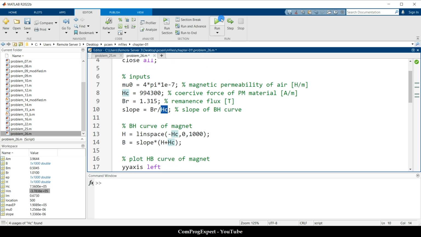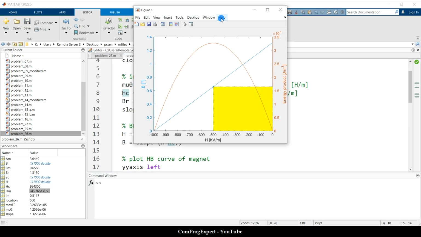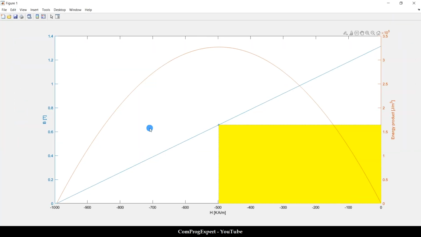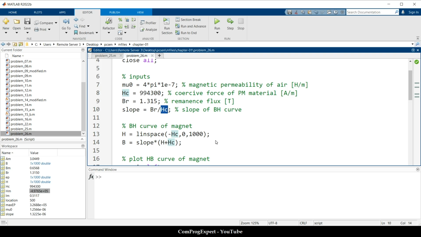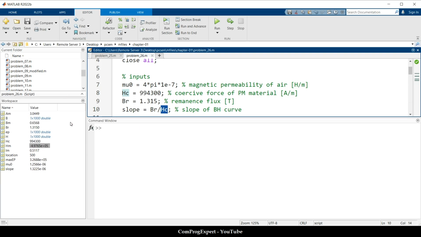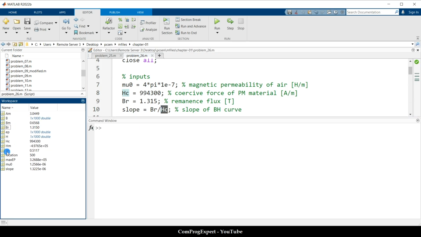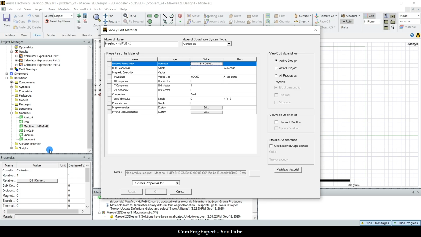Anyway, so if I repeat the analysis, you can see in this case, we have this operating point. The value of the BM is 0.65, and this is the value of the HM close to 500 kiloampere per meter. Yes. So what are numbers that we have in this case? The length of the magnet is 0.51.